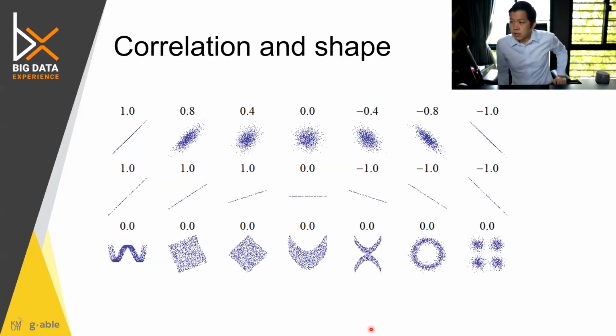Now these are the graphs, the scatter plots actually, of the data, two variables, if you plot them, and the corresponding estimated correlations. So you can see that a positive slope gives you a positive value, equal to 1 if there are no variations.